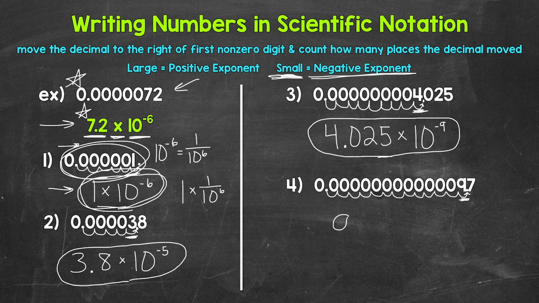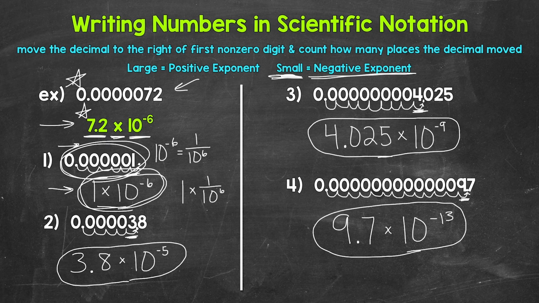So we have 9.7 times 10 to the power of negative 13. And that's our scientific notation. So there's how to write small numbers in scientific notation.